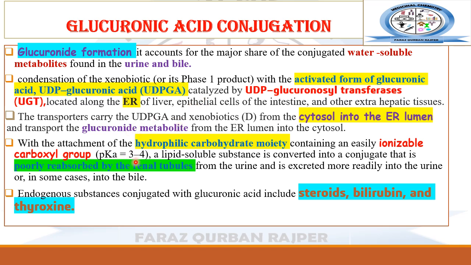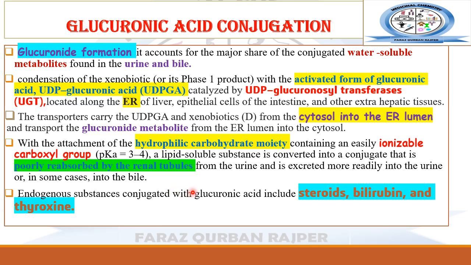Its pKa is now in the 3 to 4 range. Due to this reason, it is poorly reabsorbed by the renal tubule, and it cannot go back into the renal tubule. So that's why it can be easily excreted out into the urine, or in some cases into the bile, depending upon the type of the drug molecule.